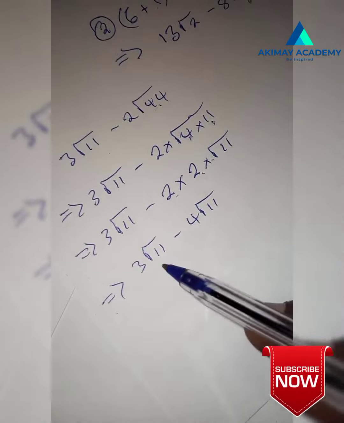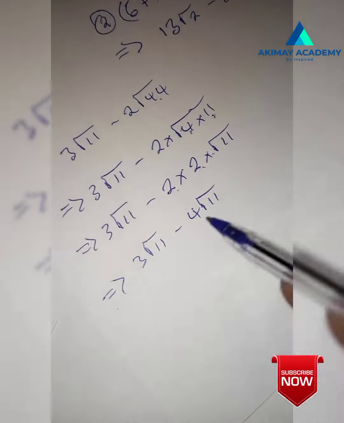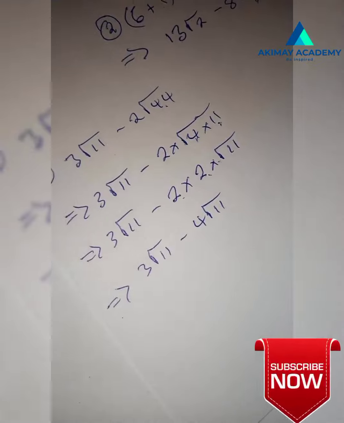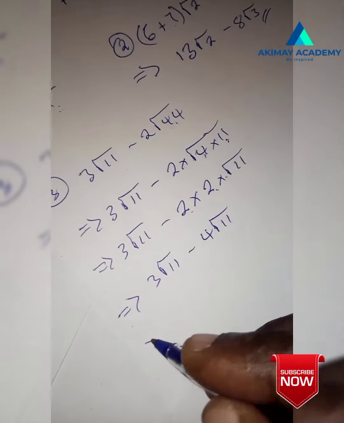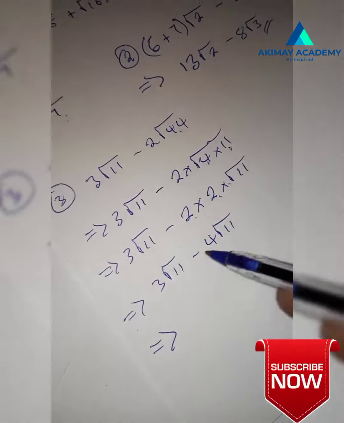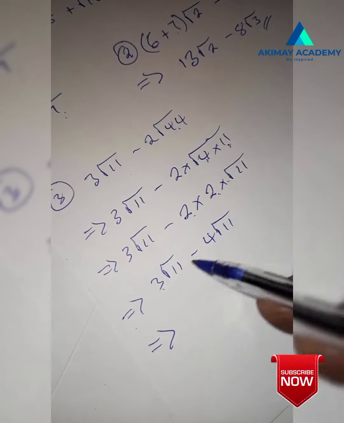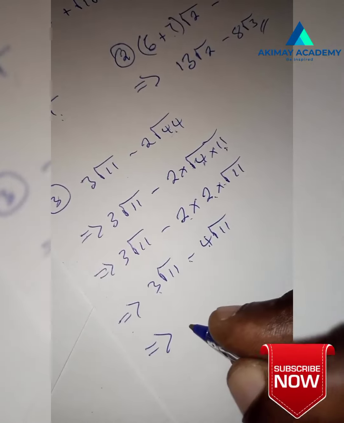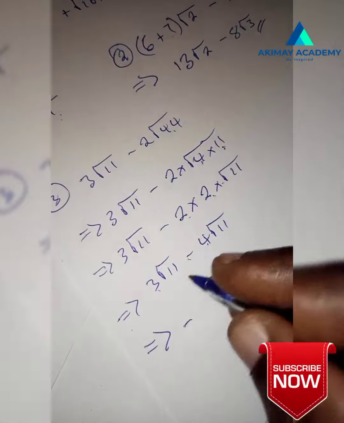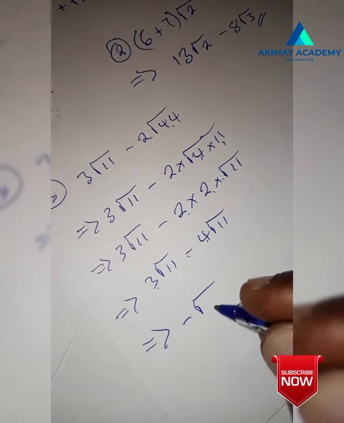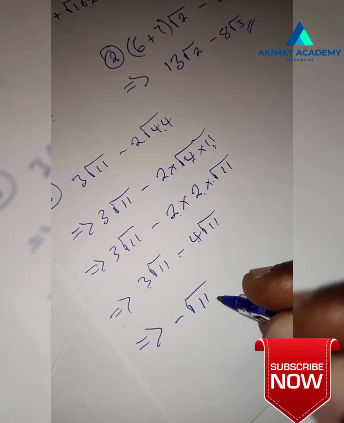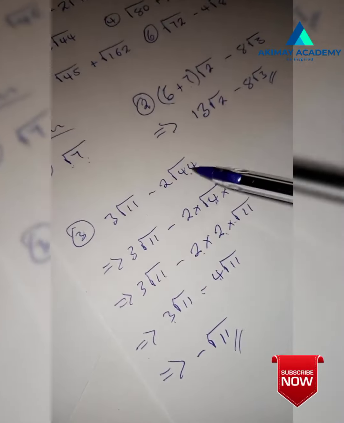Now the numbers under the radical signs are the same, therefore we said these radicals are what? Radicals of the same form. So meaning that we can add or subtract. Here we are subtracting. So 3 minus 4 should give us minus 1, which we normally don't write. So minus root 11. This becomes our answer for this particular expression.